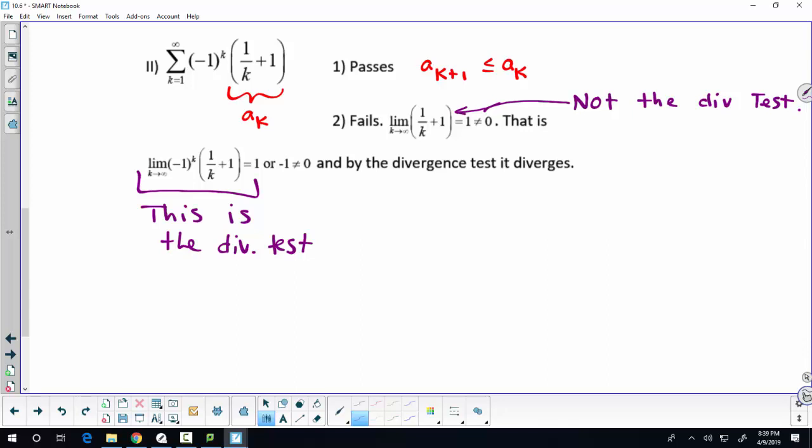Because the alternating series test fails, we could say, well, let me try something else. Let's try the divergence test. It's not 0, so therefore it does diverge. And right now, the only other test we have is the divergence test, because all of the other tests were for a series of positive terms.